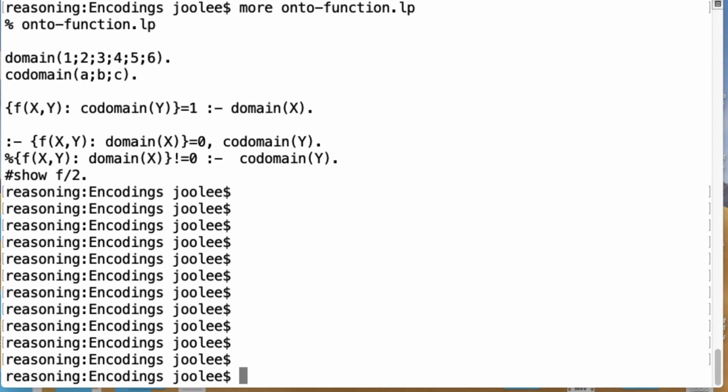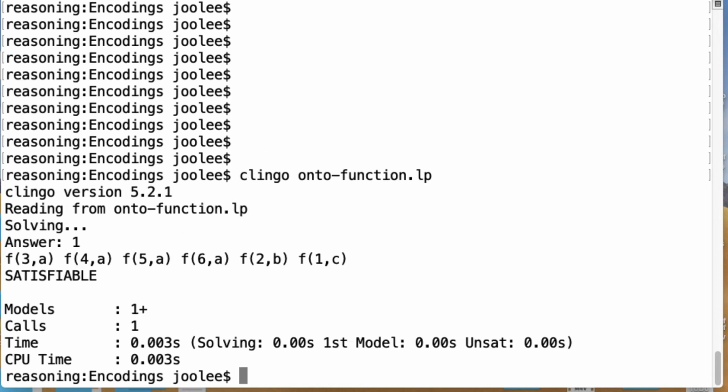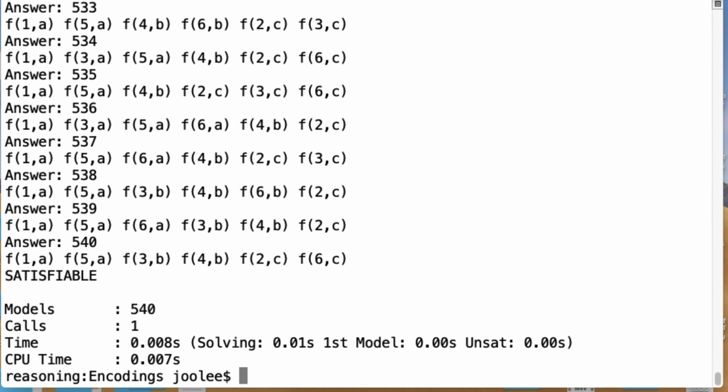Okay? So let's see how many onto functions are here. Do you recall how many onto functions are here? If you have 1, 2, 3, 4, 5, 6 as domain and A, B, C as codomain, it's a bit of a complicated function that we write. Do you recall? 540 was the answer.